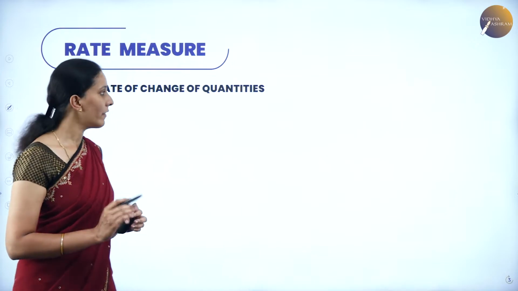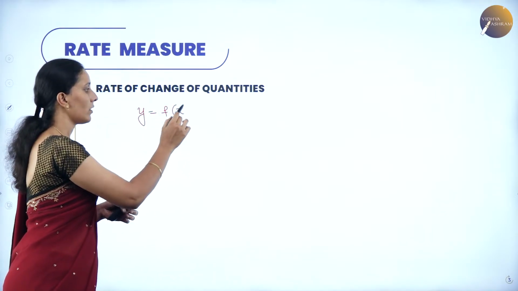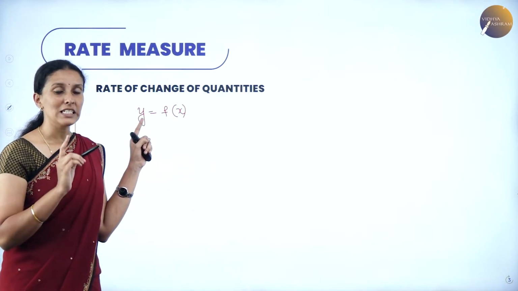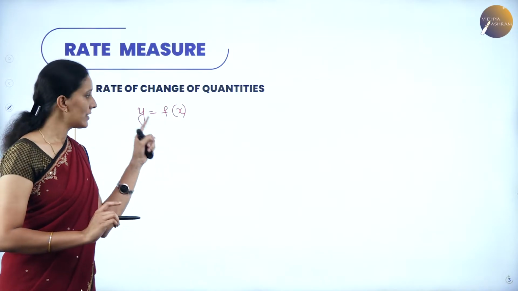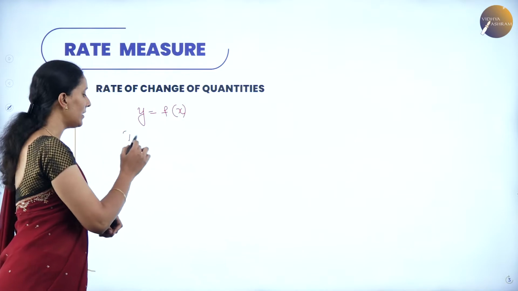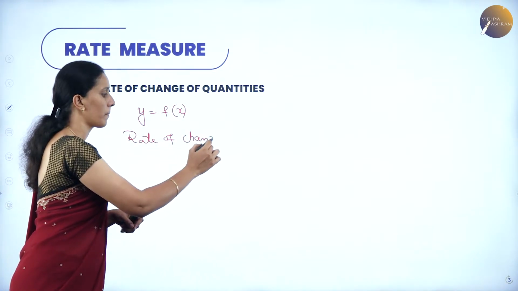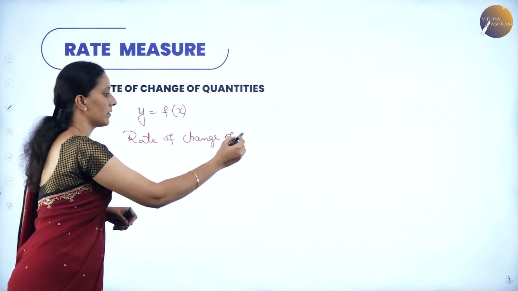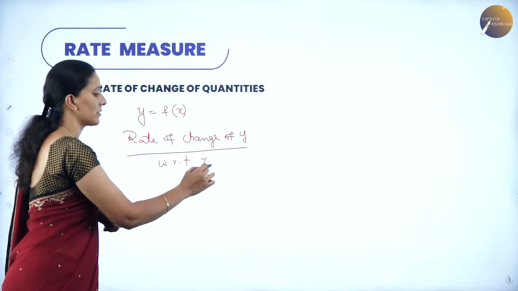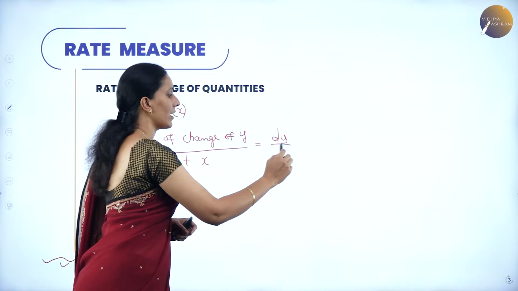Suppose I write a function y is equal to f of x. Here, x is the independent variable and y is the dependent variable. Thus, the rate of change of y with respect to x can be written as dy by dx.